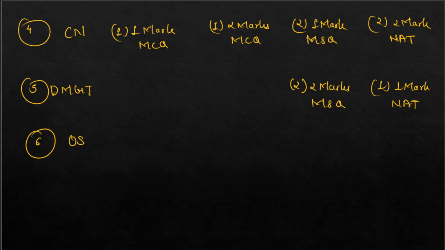The sixth subject is OS. In OS, one question came for 2 marks, which was of type MCQ. 2 questions came for 1 mark, and the type was MSQ.